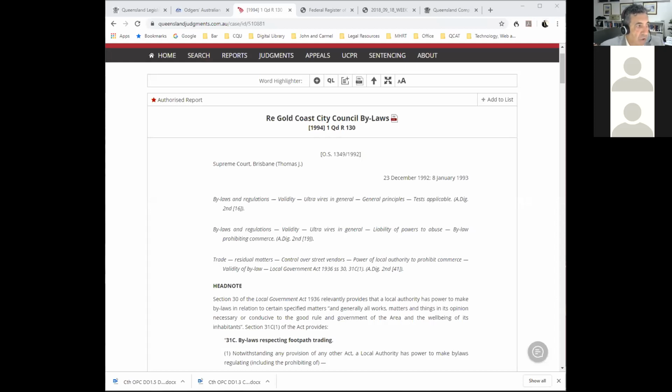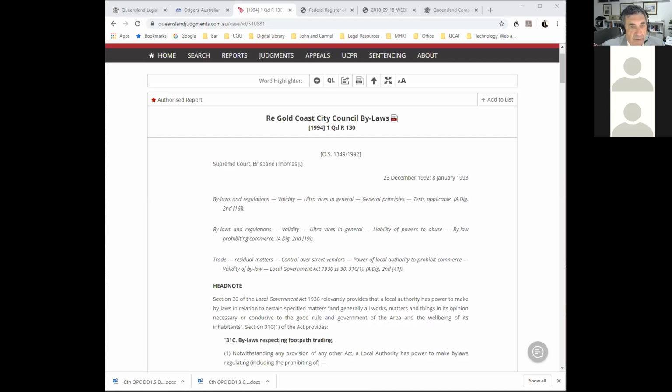It was made under the Gold Coast City Council, and the Gold Coast City Council made this bylaw and said, the selling of goods or the conduct of any commercial activity on a road, on land adjoining a road, or on land under control of the council without a permit is prohibited.